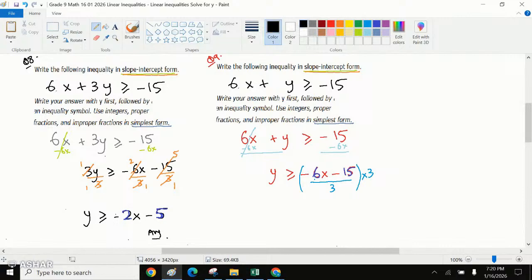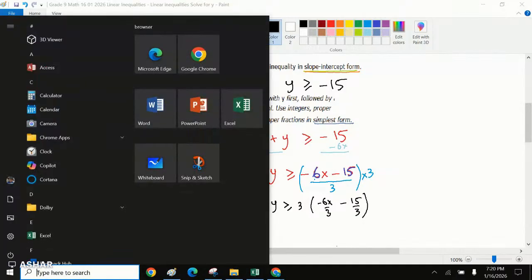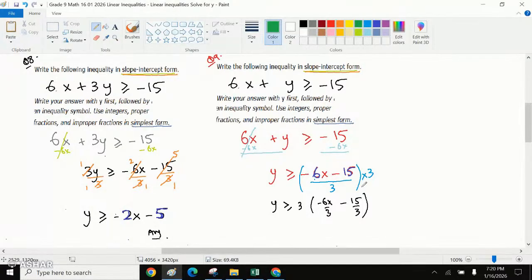So can I write this as y is greater than or equal to 3 times minus 6x over 3 minus 15 over 3? Or in simple words, we are taking common. So can we say 3 times 1, 3 times 2, 3 times 1, and 3 times 5?